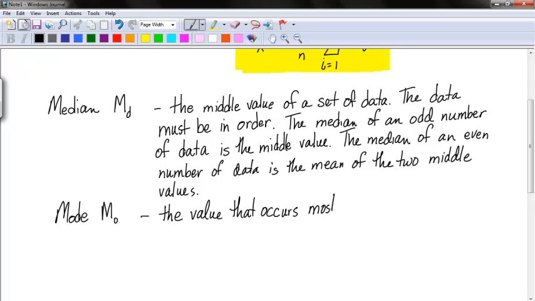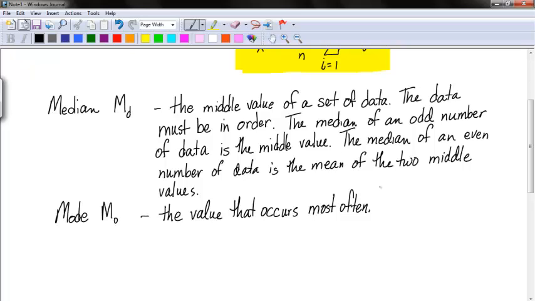I always give an example on mode. If you're in the business area and you're selling shoes, you want to order the sizes that occur most often. For women, what's the shoe size? 7, 7.5, 8. You're in the range, right? 9 narrow, not good, right? Somebody with 9 narrow feet would probably have trouble finding shoes. For men, what is it? 10, 11, 10.5?